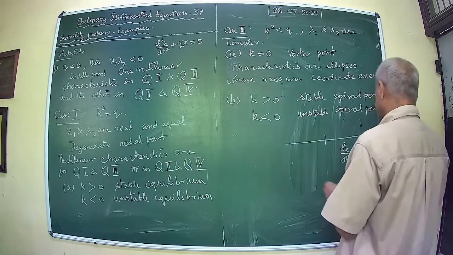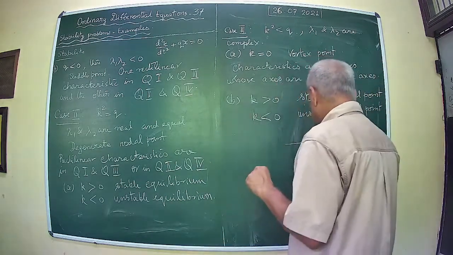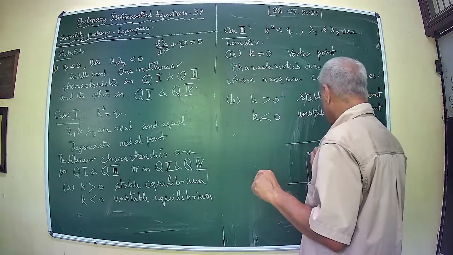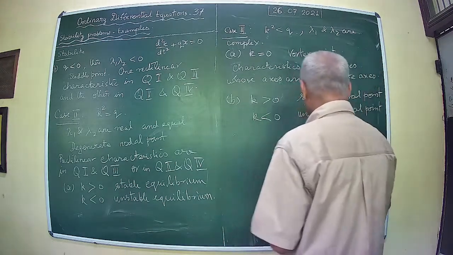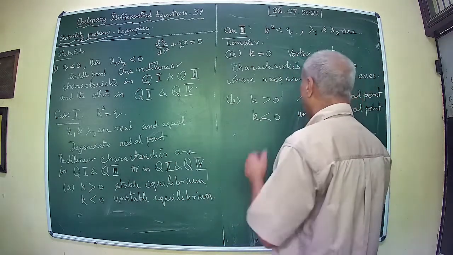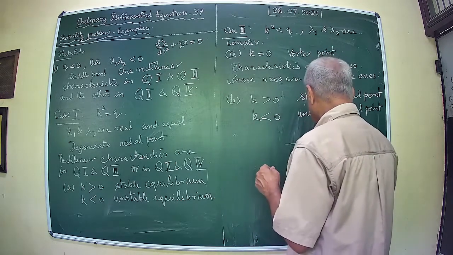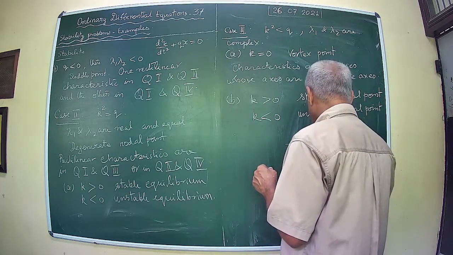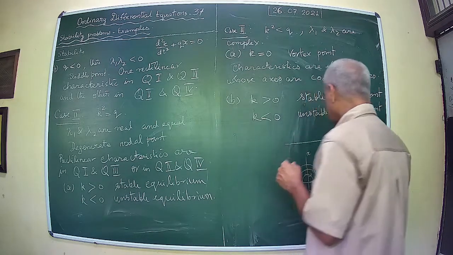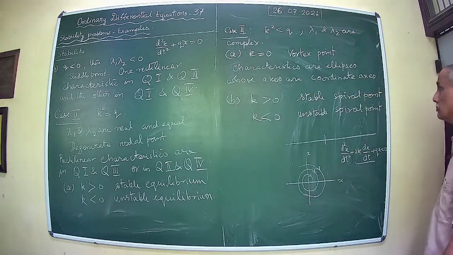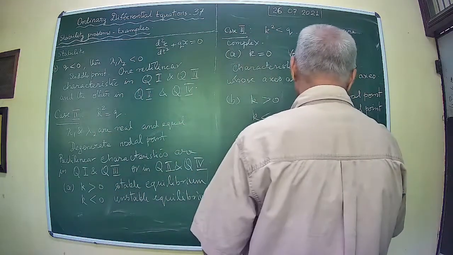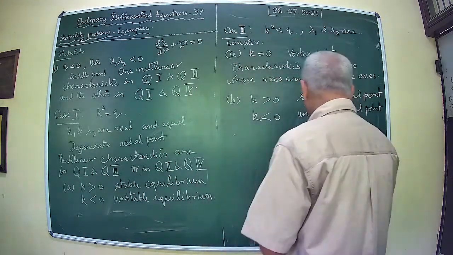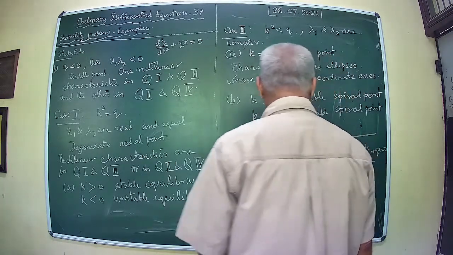So what happens is, you see the path in the x, x dot plane, you will have spirals like this. Okay, so the spirals will be just collapsing to the 0, 0.